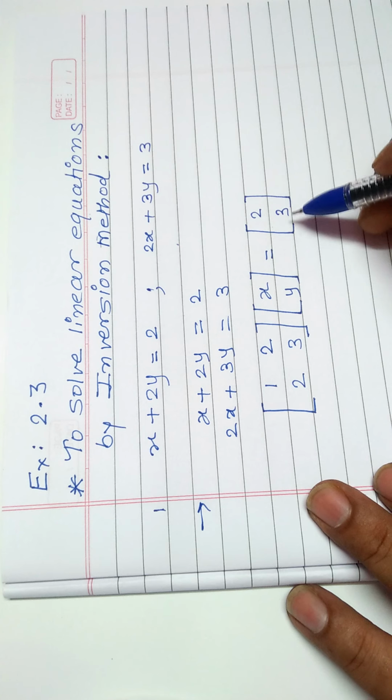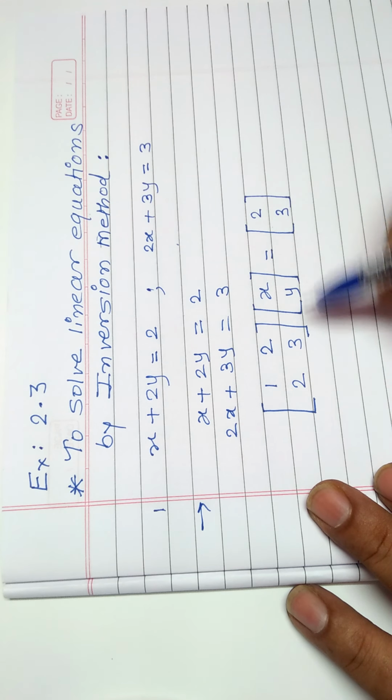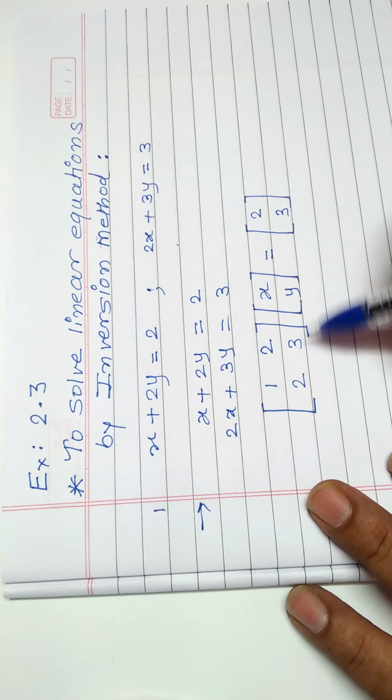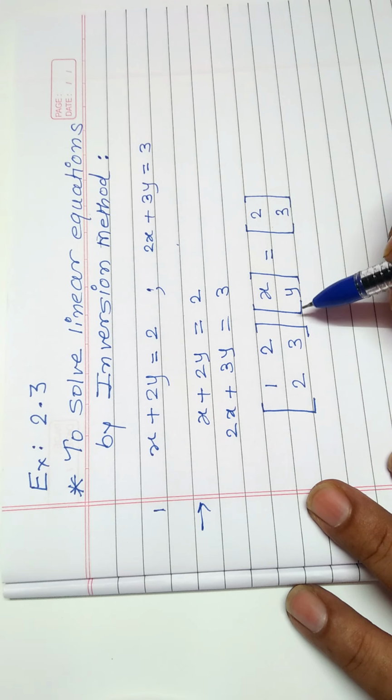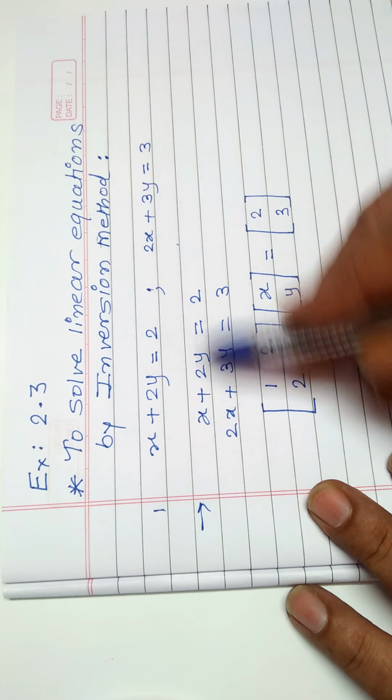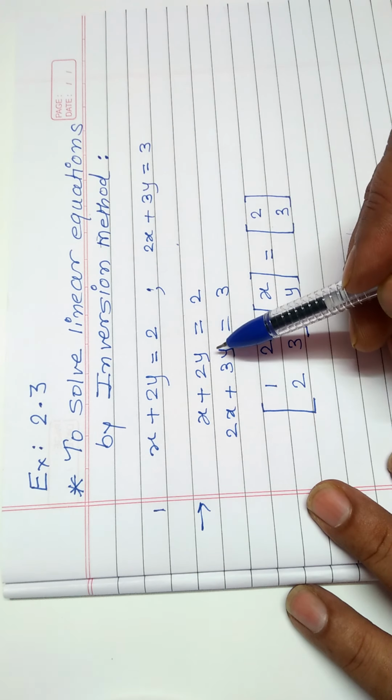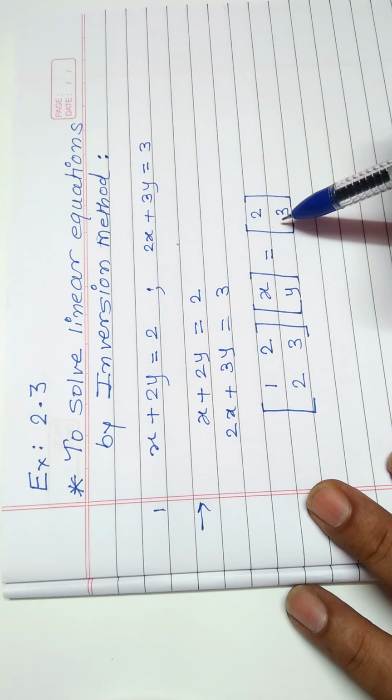Actually here we are using the concept of the product of matrices. If you multiply these two matrices you will get the same equations. So by using these equations we form the three matrices.